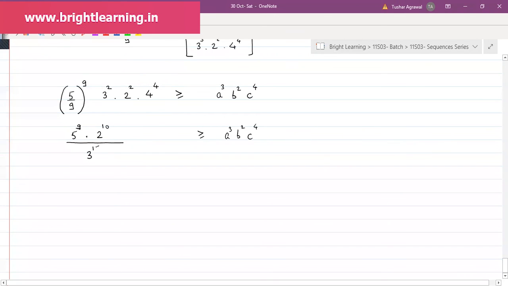So it will be 60. This will be the answer. So the greatest value is 5 raised to 9, 2 to the power 10 upon 3 to the power 60.